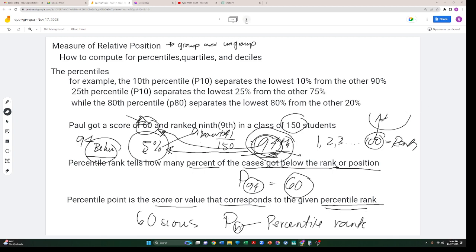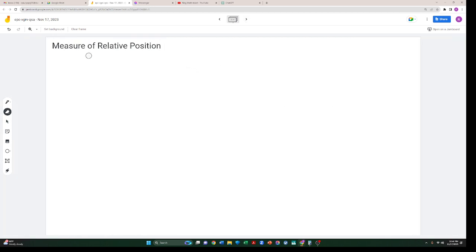Next, we are going to solve the measure of position of ungrouped data.